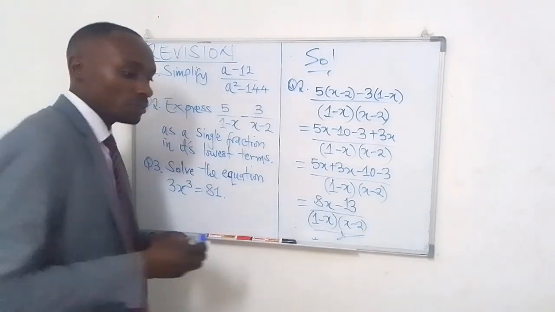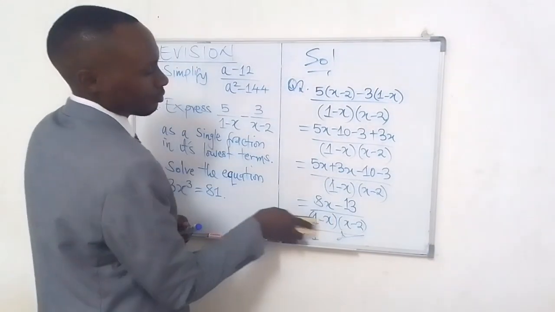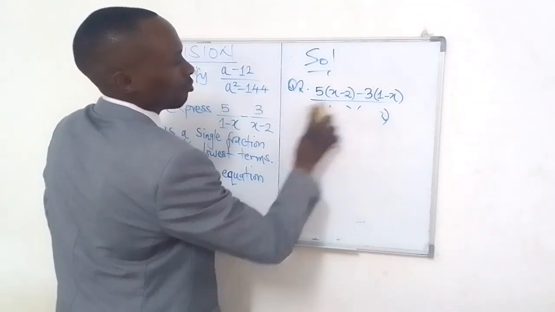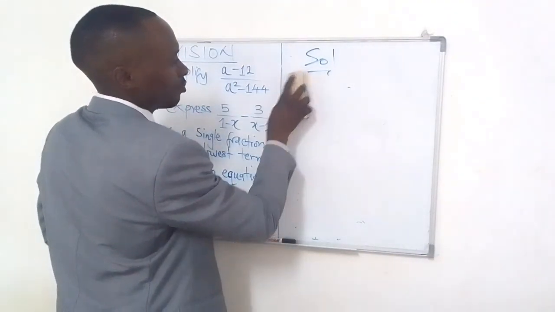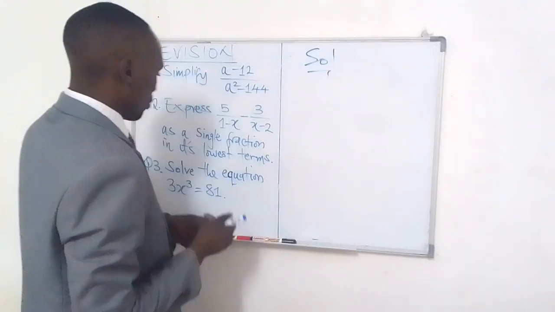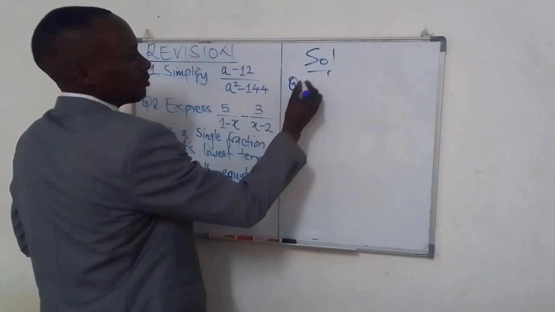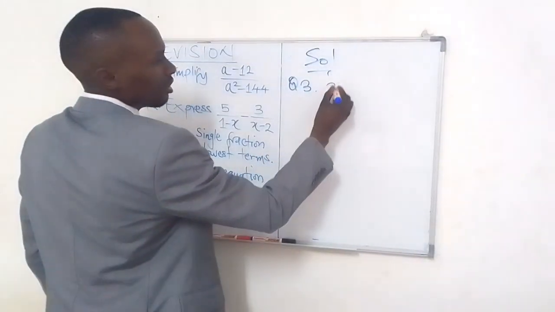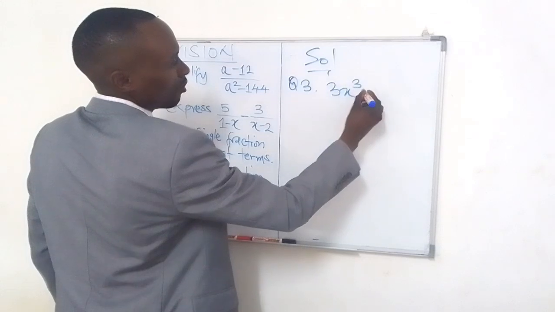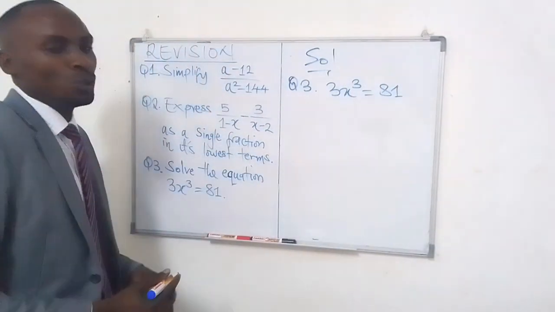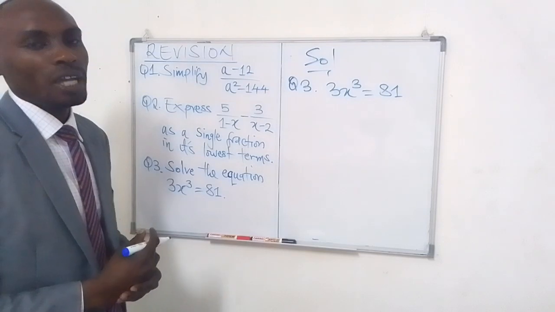Going to question 3. Question 3, solve the equation 3x to the power 3 equal to 81. How do we get the value of x?